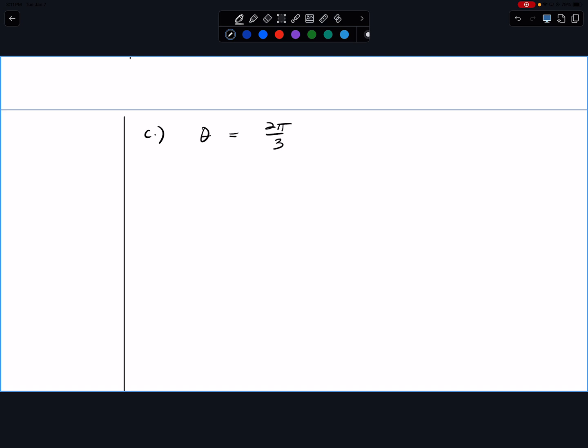So I know some of you guys know already. What quadrant is 2 pi over 3 in? Quadrant 2, good. Everybody sees that 2 pi over 3 is about right here? Okay, so it's going to be something like that.